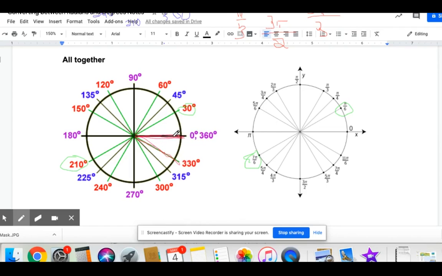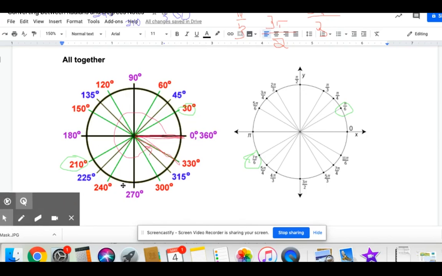But the whole 330 would be starting here and going all the way around to here. That's the angle 330, when you start at 0 and go all the way around. So not between here, but between the outside piece, basically, because you always start here and then move counterclockwise around the circle to get your degrees.